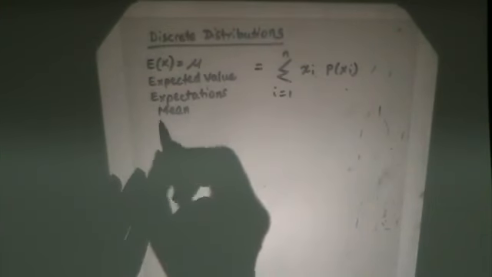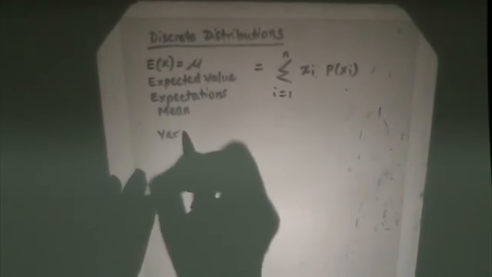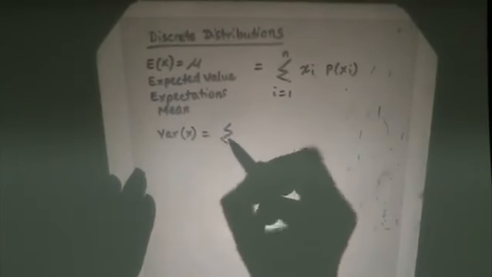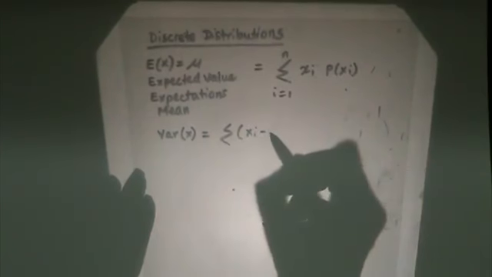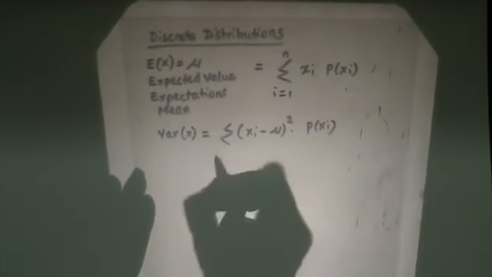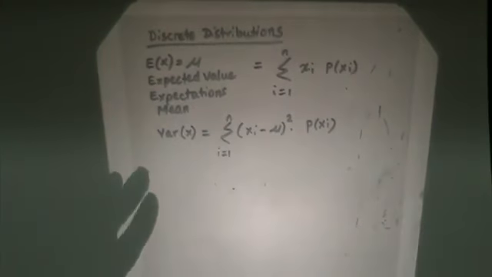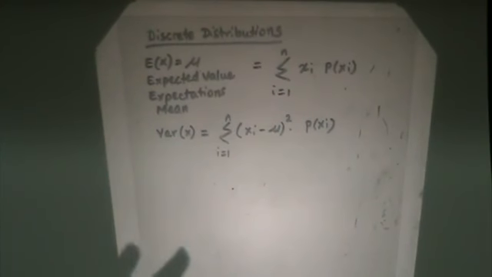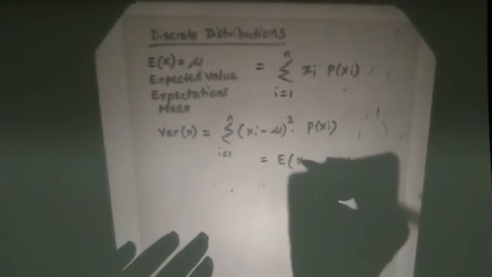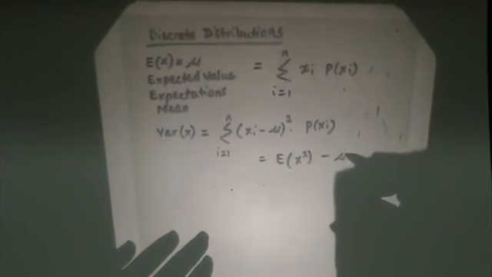And the formula for the variance of x was given by summation xi minus mu squared times p of xi. And then we didn't like that, so we developed a shortcut formula, which was E of x squared minus mu squared.